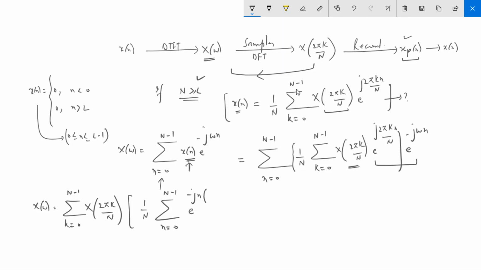What is left inside is minus j n times, omega minus 2 pi k by N. Okay, this is the equation for the reconstruction of X(omega) from the samples of X(omega) directly. Okay, now we will focus on this part, and you will see that this gives you nothing but an interpolation function.